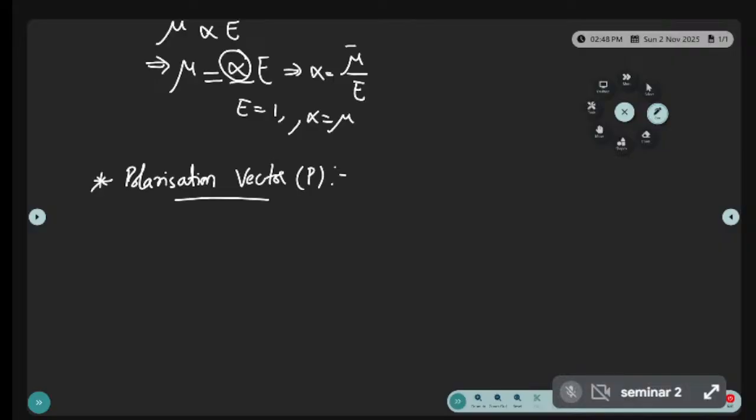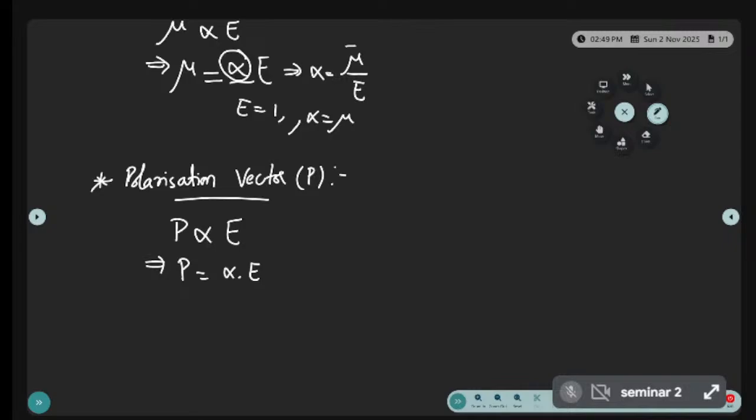Polarization P, you already know, is the formation of poles. When do poles form? When the material is exposed to an external field. So P is directly proportional to E. I can write polarization is directly proportional to E. So from this, P is equal to alpha E.